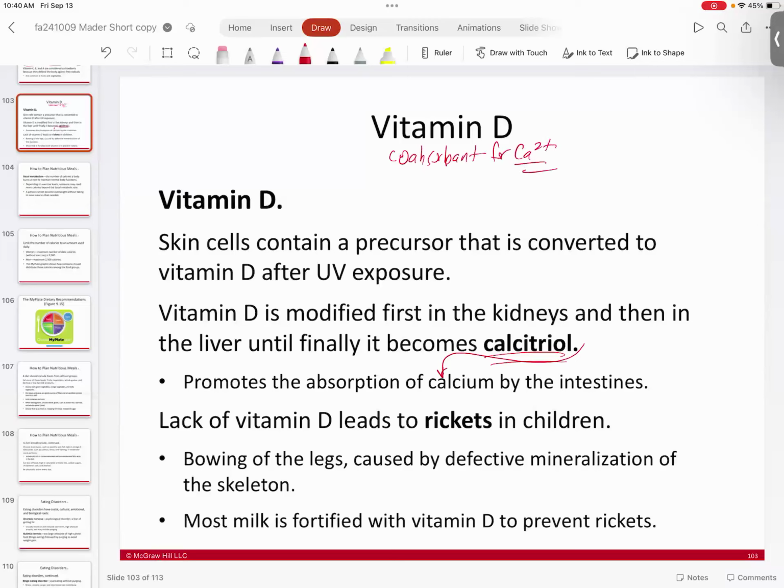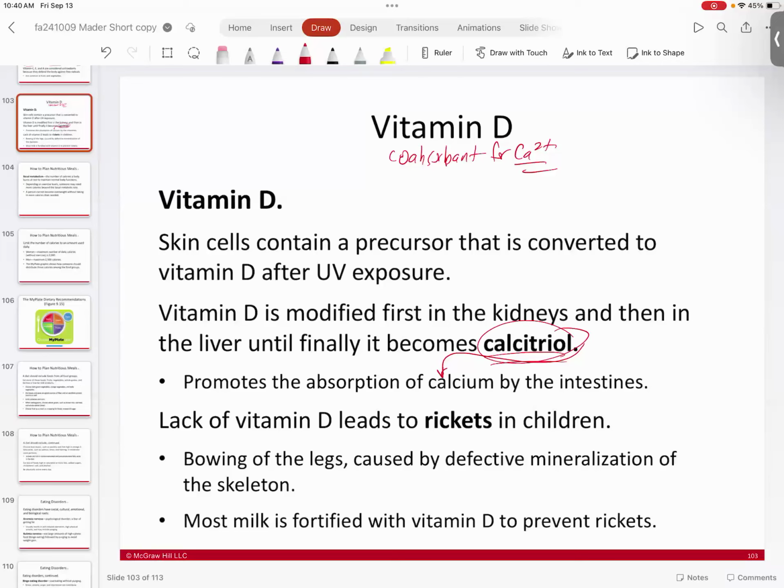So you can't get calcium into your system unless you make calcitriol, and vitamin D basically is the beginning of calcitriol. So in the skin, basically you make the first precursor. This is a multi-step process after exposure to UV. Then it goes to the liver, and then it goes to the kidneys where it's modified into calcitriol. And the calcitriol will allow you to absorb calcium and keep your calcium levels up.